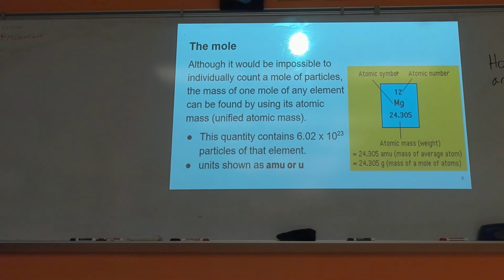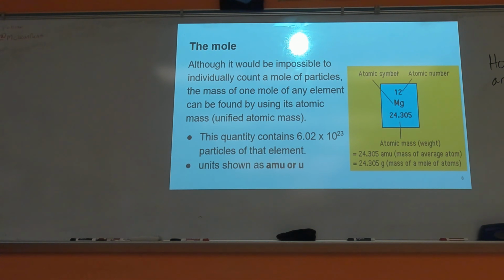We said mass number was protons plus neutrons. And this was the average mass of all the magnesium atoms, for example, in the universe. So that mass number could tell you the average mass of a single magnesium atom, but that mass number will also tell you what the mass is for 1 mole of magnesium atoms. Really let that sink in.